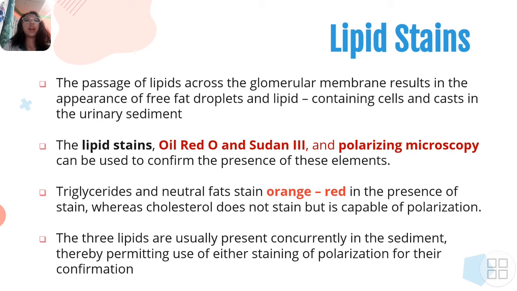Triglycerides and neutral fats stain orange-red in the presence of stain, whereas cholesterol does not stain but is capable of polarization. The three lipids, triglycerides, neutral fats, and cholesterol, are usually present concurrently in the sediment, thereby permitting use of either staining or polarization for their confirmation.